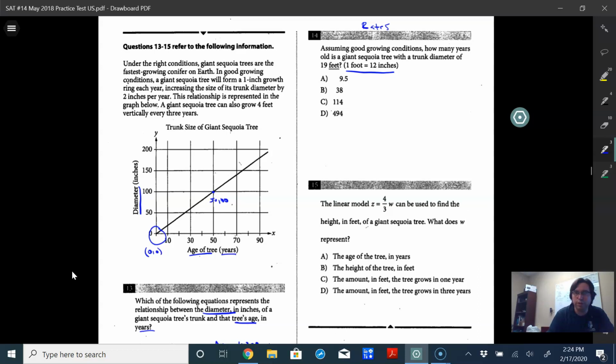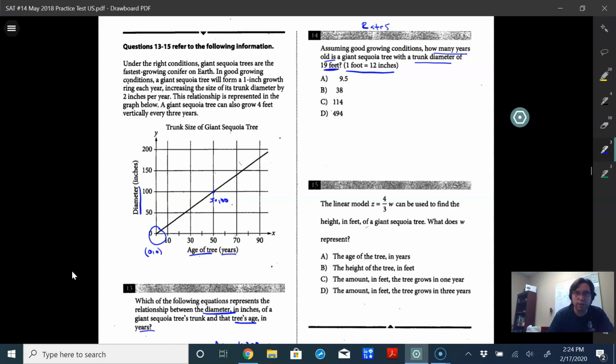Assuming good growing conditions, how many years old is a giant sequoia tree with a trunk diameter of 19 feet? Okay, so 19 feet. So how many years old? And so it says with a trunk diameter of 19 feet. Trunk diameter. And we want to know how many years old is this giant sequoia?